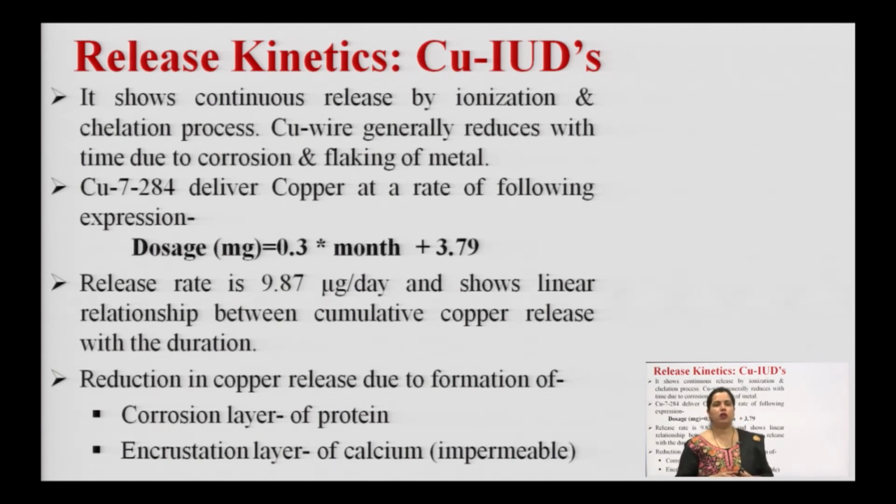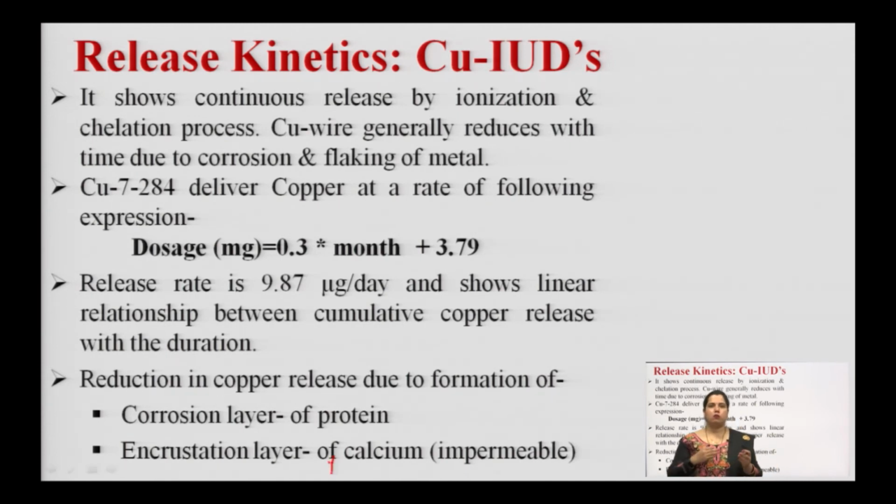Reduction in copper release is due to formation of a corrosion layer of protein and an encrustation layer of calcium, which is impermeable. So, if the copper is not releasing up to the mark as calculated, the reason may be a corrosion layer of protein, since the device is inserted within the uterus for several years, from months to years.